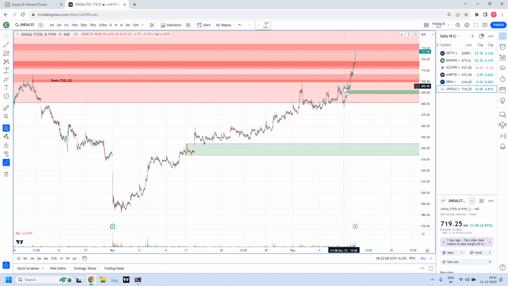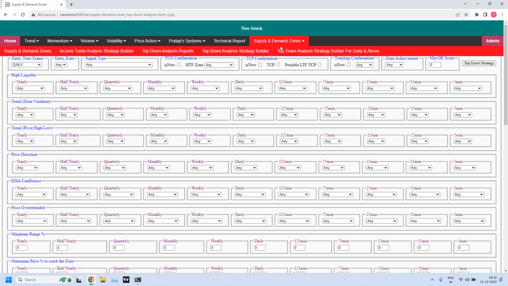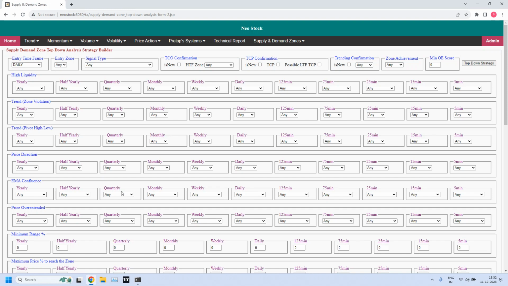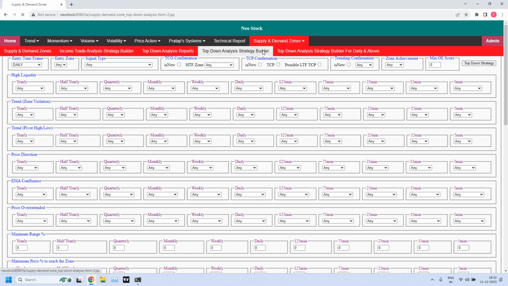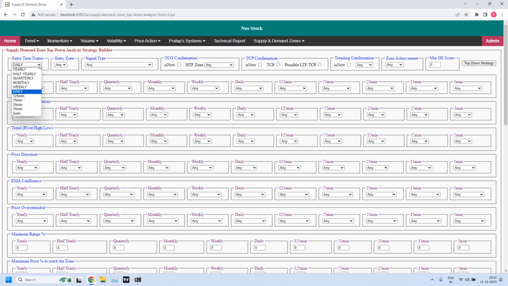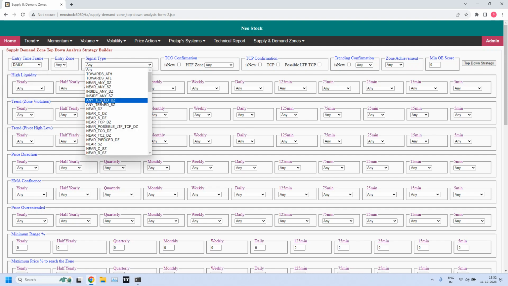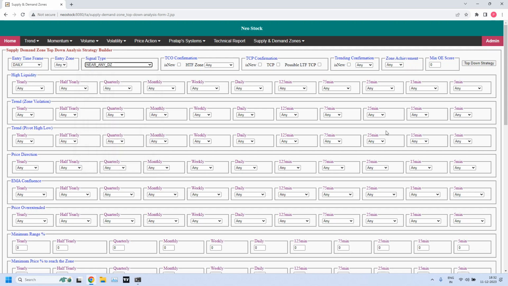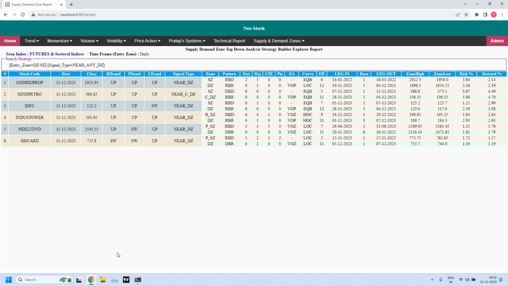Now let us generate demand and supply zones as per today's data. Entry time frame is daily. Let us find the stocks which are near the daily demand zone. So these 6 stocks are near the daily demand zone.